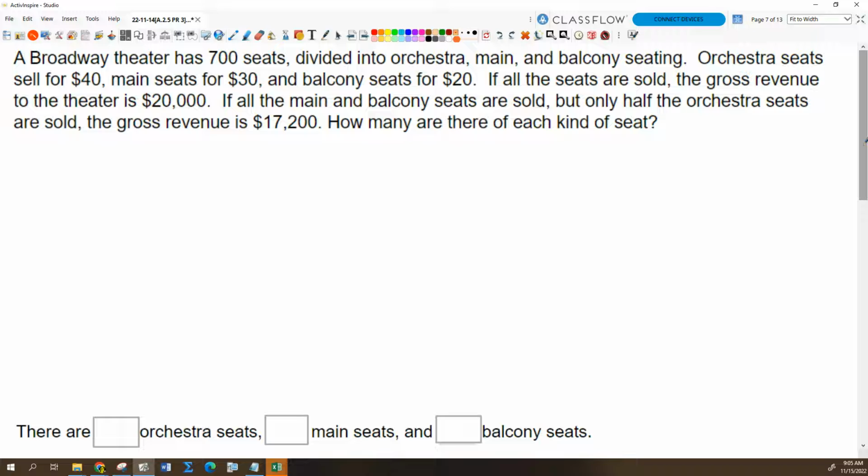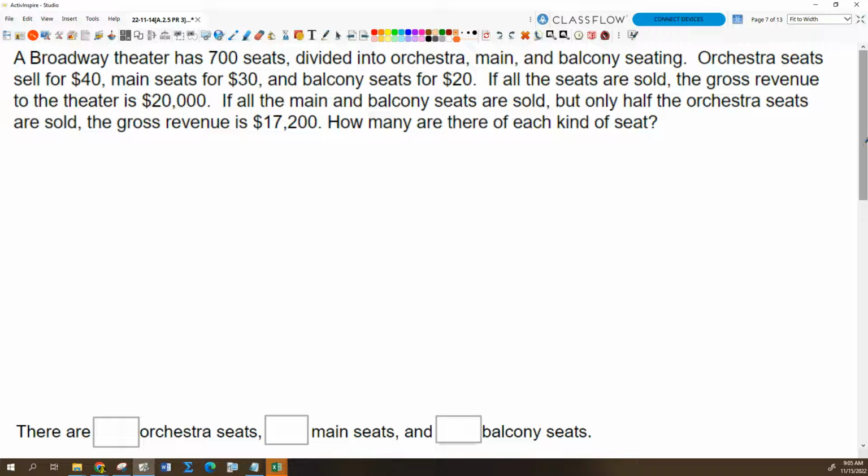So what are our variables here? You always look at the question. We call these X, Y, and Z. What would X, Y, and Z represent? Is it the cost or is it the amount? The number of seats, right? Everybody get that? So it's not enough to just say each kind of seat. We've got to say, what about each kind of seat?